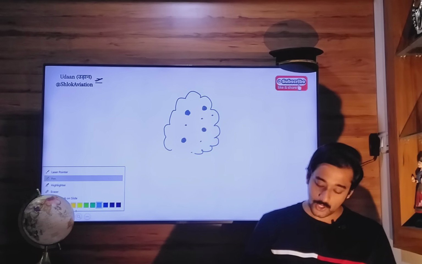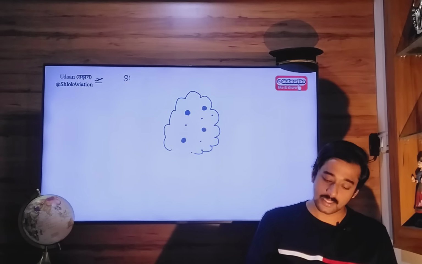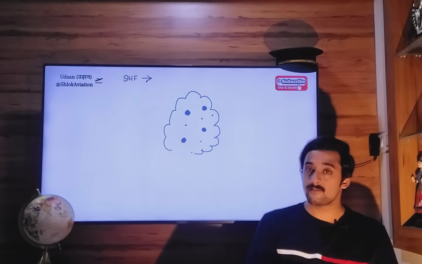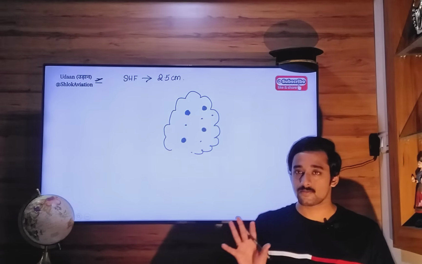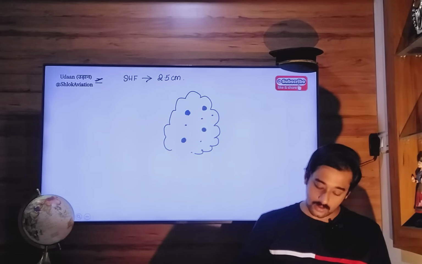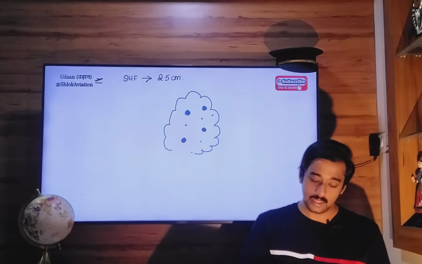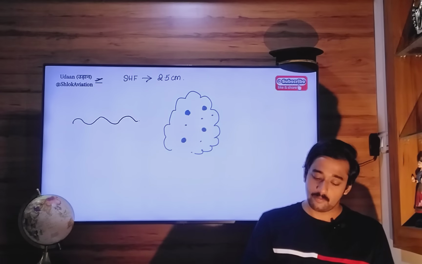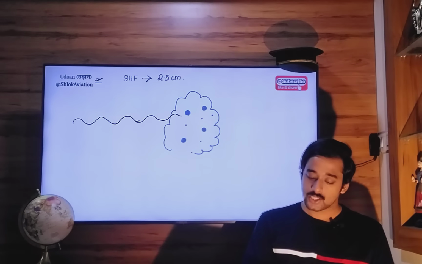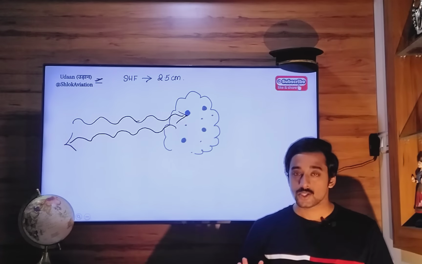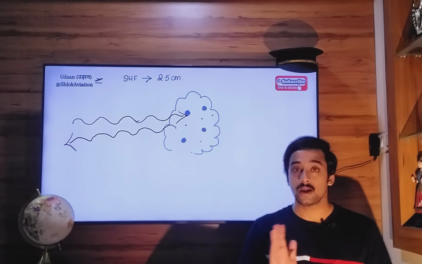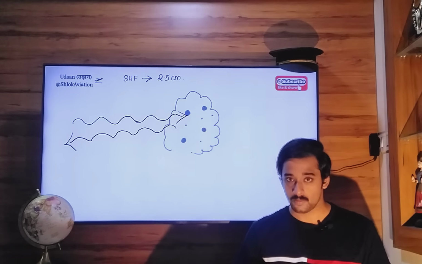Now, when you use your airborne weather radar in super high frequency band, the corresponding wavelength that you get is approximately 2.5 centimeter. When you use such a wavelength, this wavelength will penetrate the cloud layer, strike the large water droplet, and get reflected at the airborne weather radar. So that is how you get proper reflections from large water droplets.